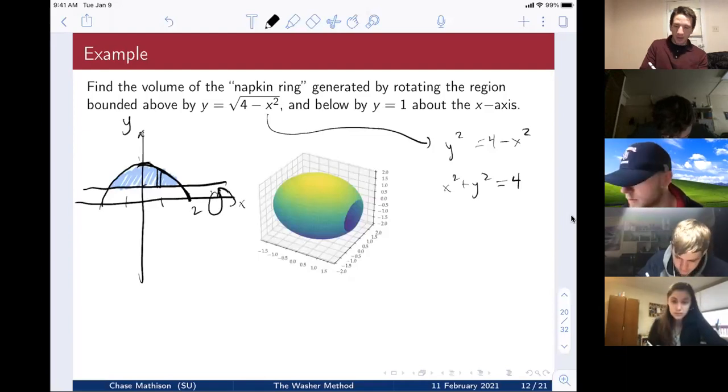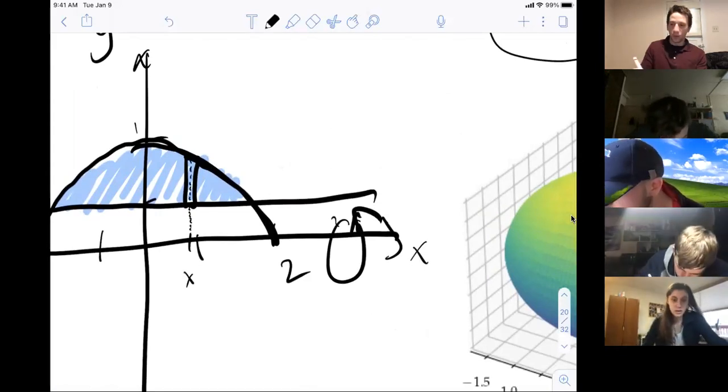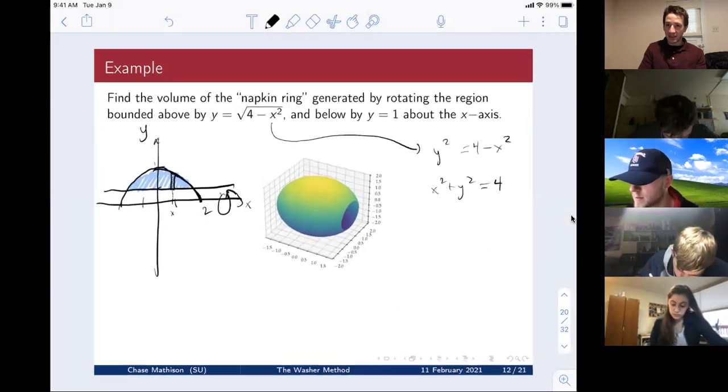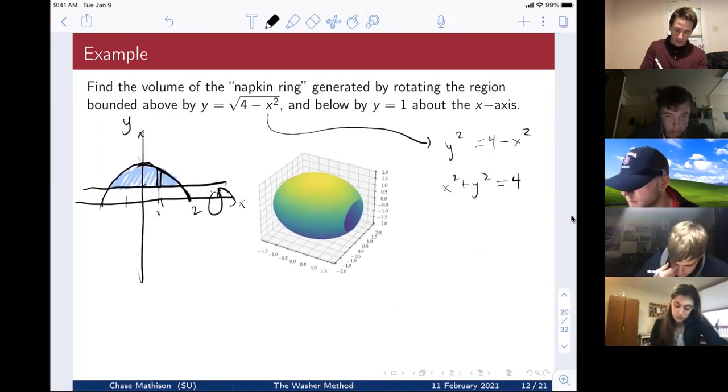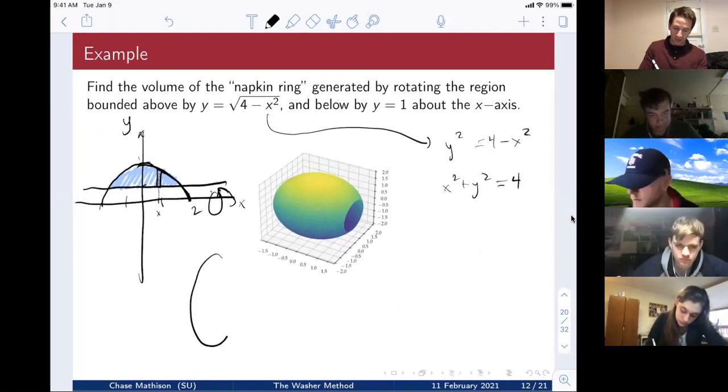So what do we do? We take a little sliver here at some x, and we look at what happens when we rotate that little sliver around the x-axis. Okay. So when I rotate that little sliver around the x-axis, what are we going to get?